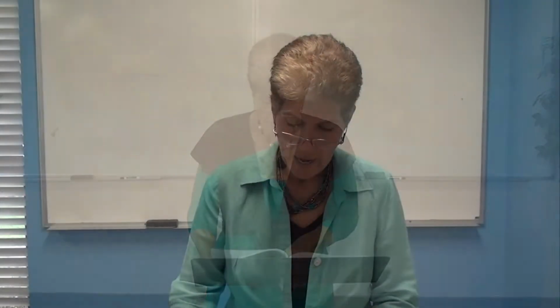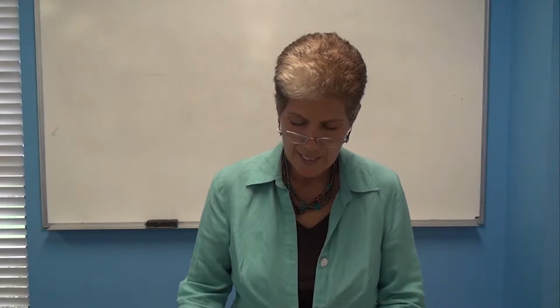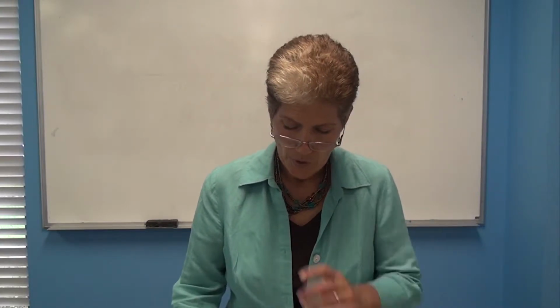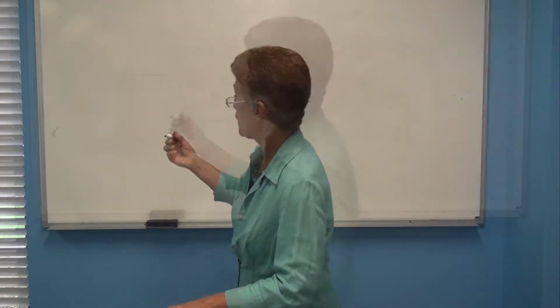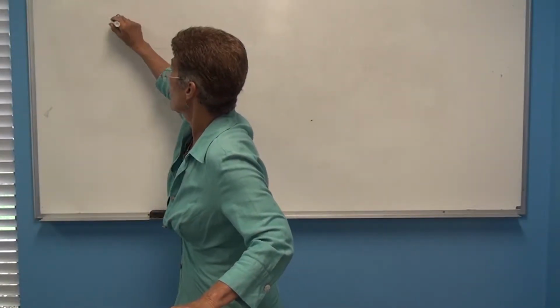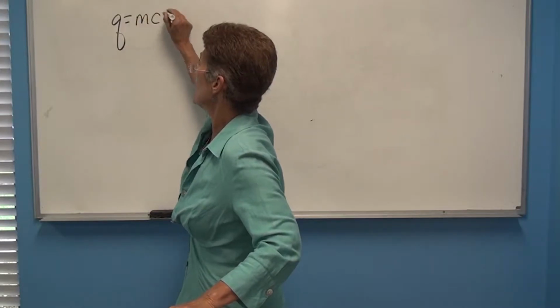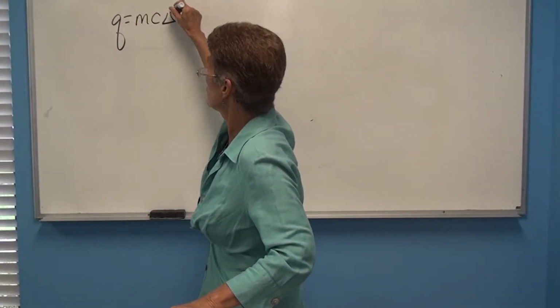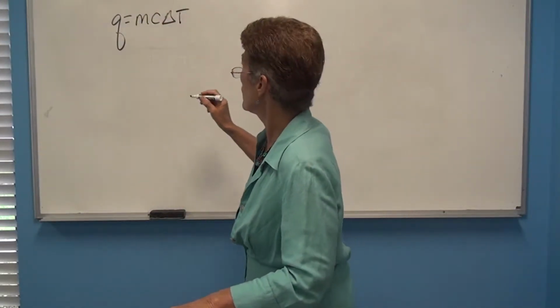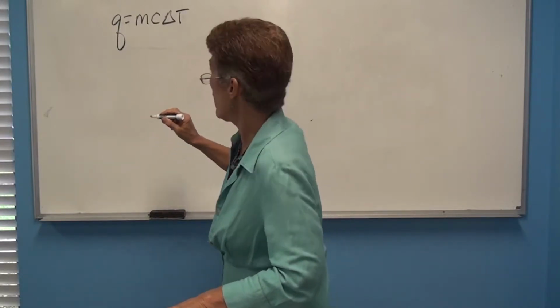Okay, number 6. How much energy does it take to heat 2 kilograms of water from 25 degrees to 75 degrees? And so here we're doing Q equals MC delta T, and we are looking for the energy.